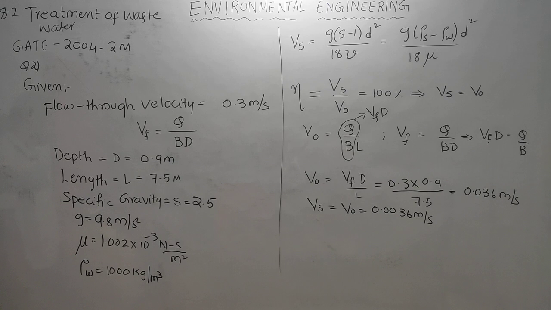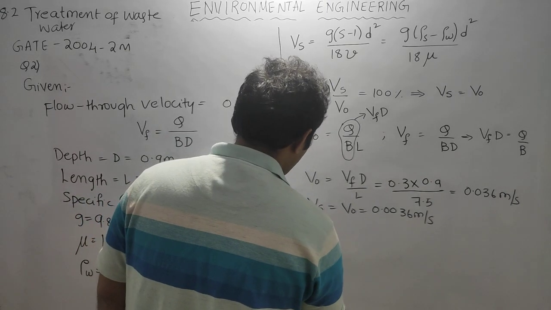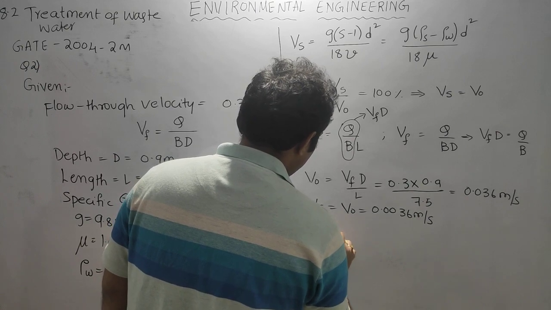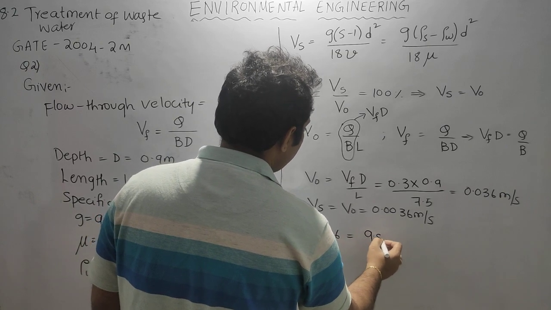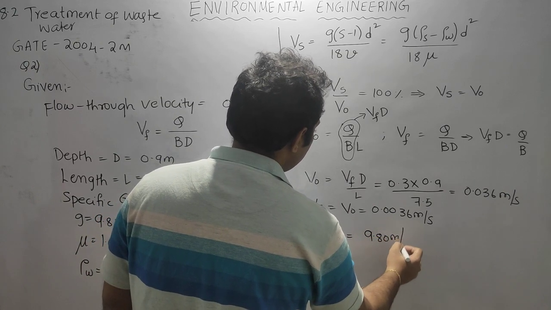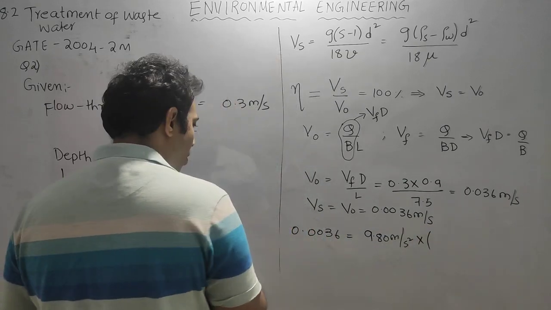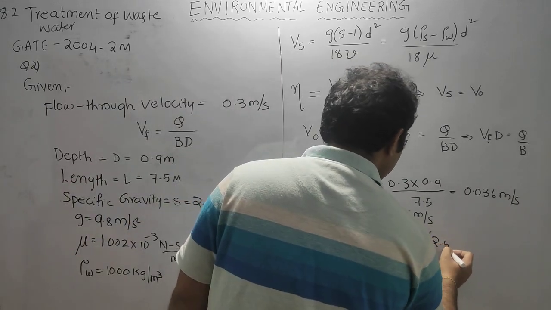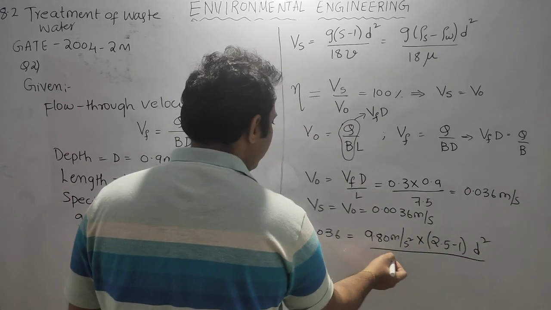Now Vs is equal to 0.036, which is equal to g, 9.8 meter per second square, into S minus 1, that is 2.5 minus 1, into D square by 18 nu.